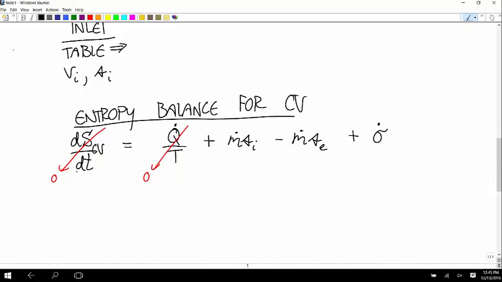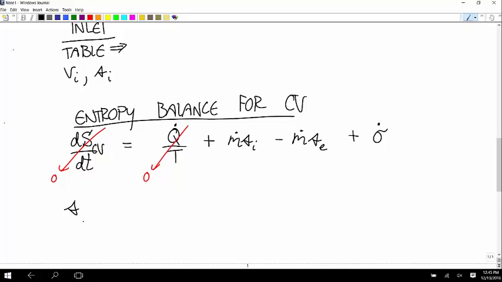All right, so we know that we can figure out the inlet and exit entropies. So it's an ideal gas.